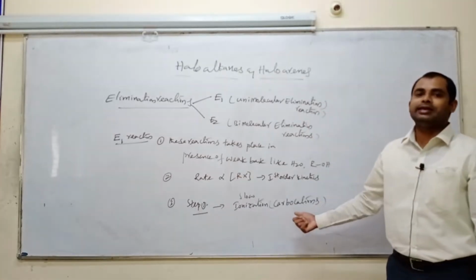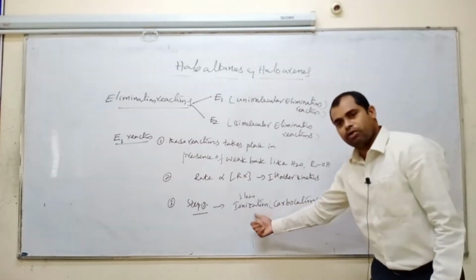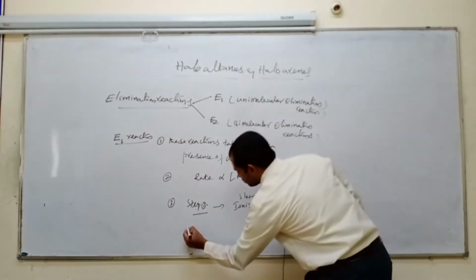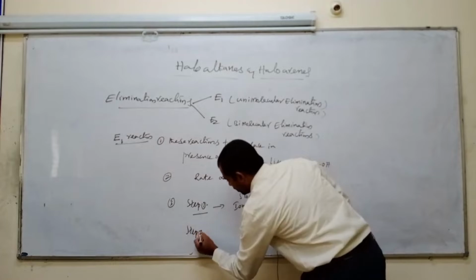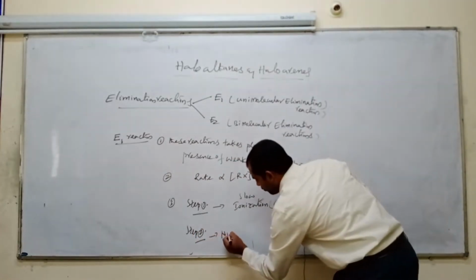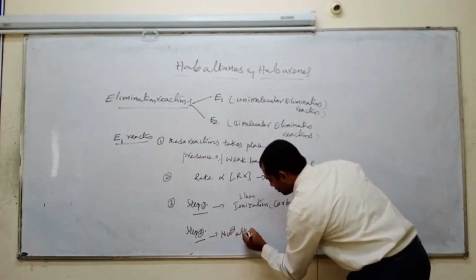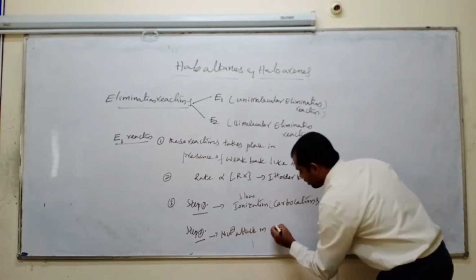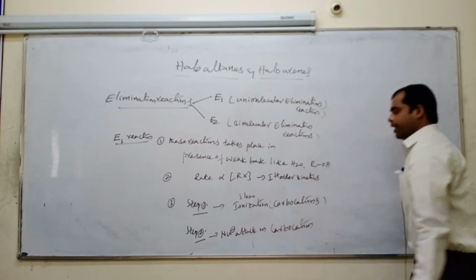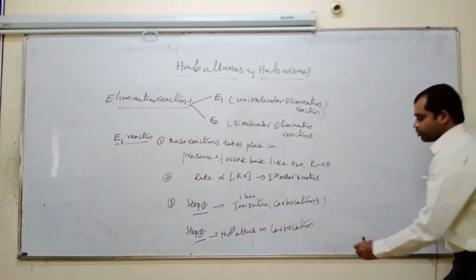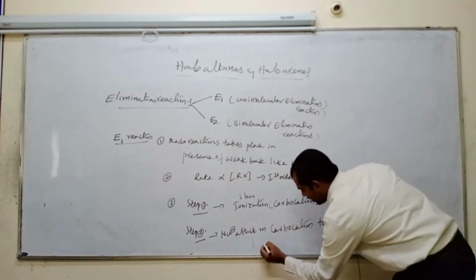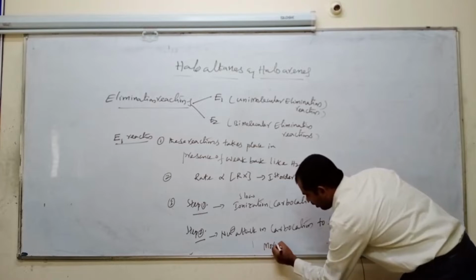That is the rate determining step. Step 2, the nucleophile attacks the carbocation to form the more substituted alkene.